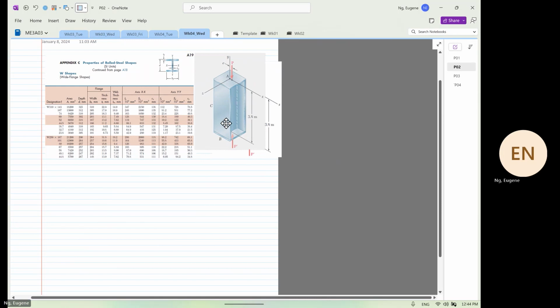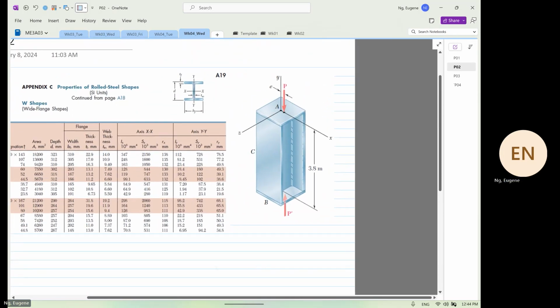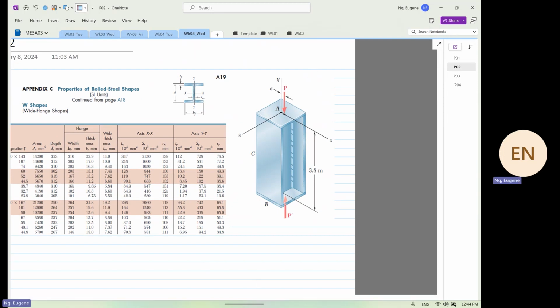Now, if we look at this transformation, this diagram over here, we are going to follow this transformation.